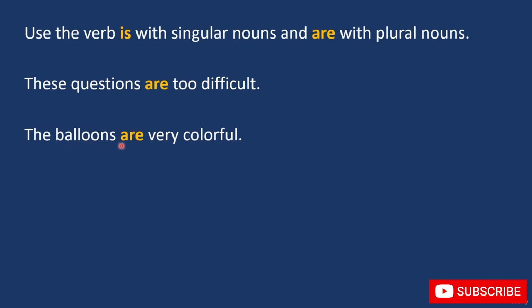The balloons are very colorful. Here I have also plural, so I use are. Those people are very busy. Take care that the word people is always plural. We always say people are. People are.